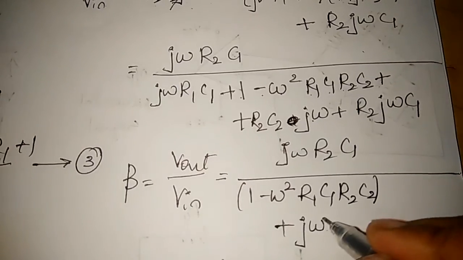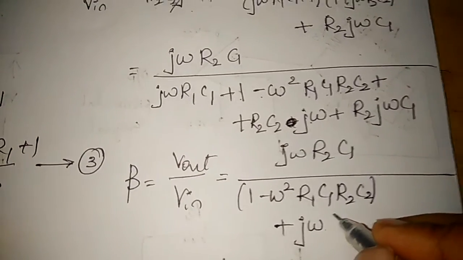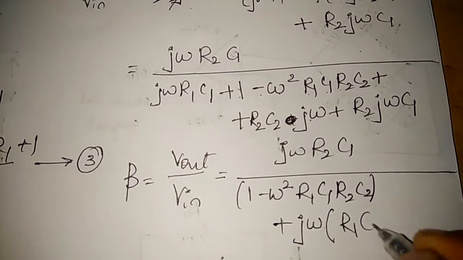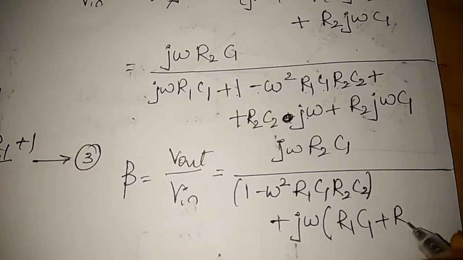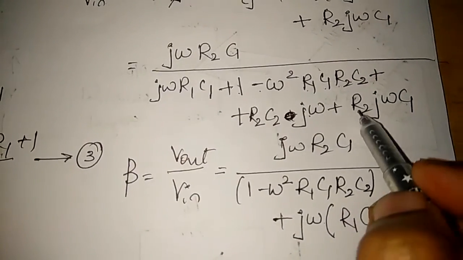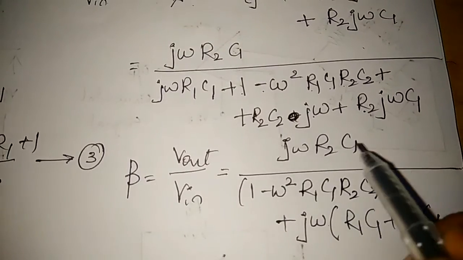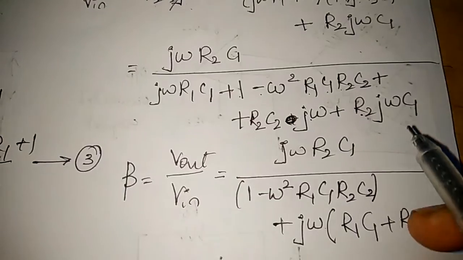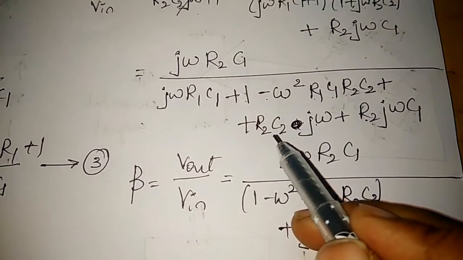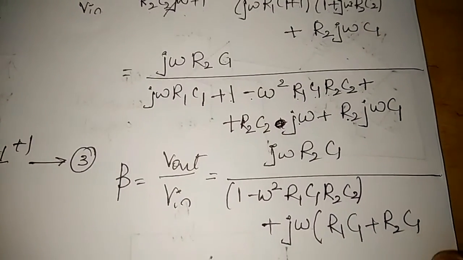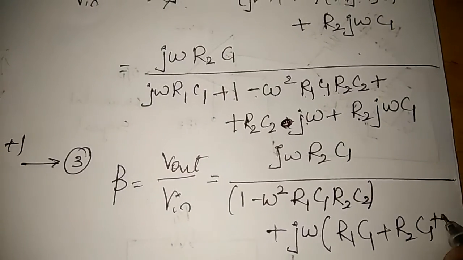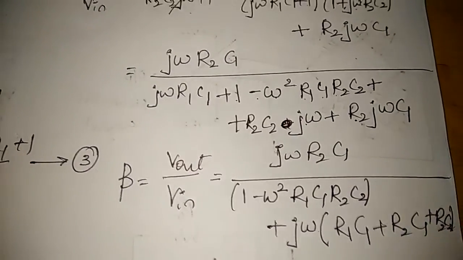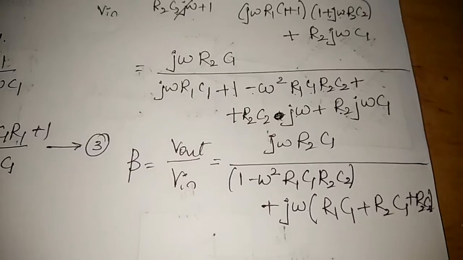Taking j omega common, I'll be having R1C1 plus R2C1 plus R2C2, three terms you will get. So this is what we'll get.